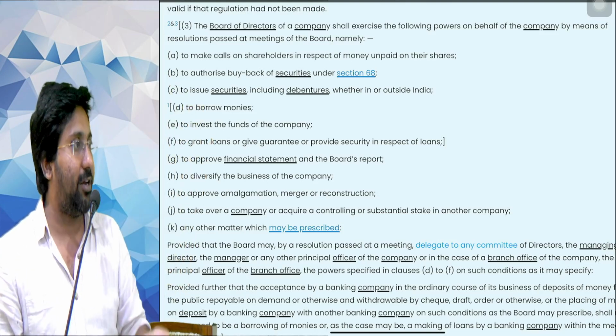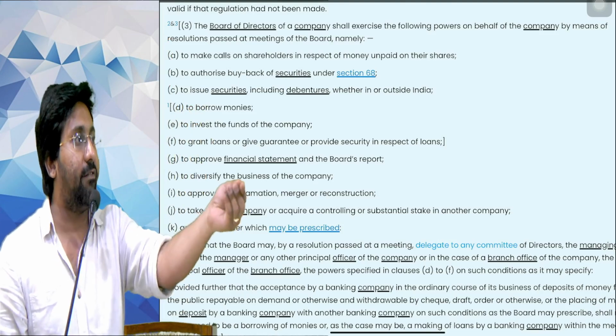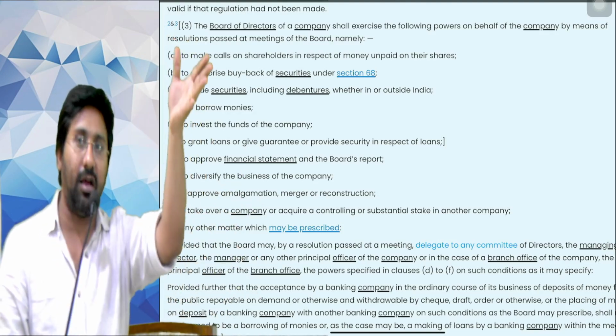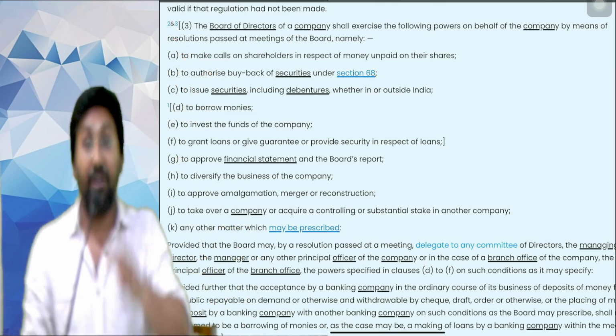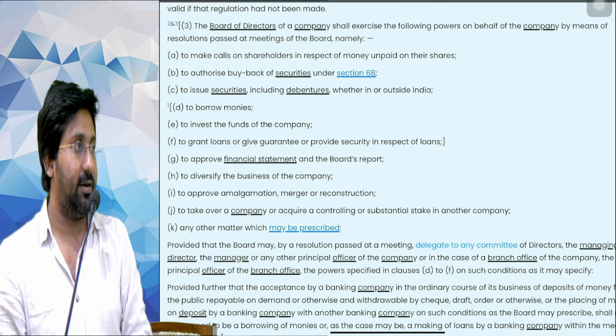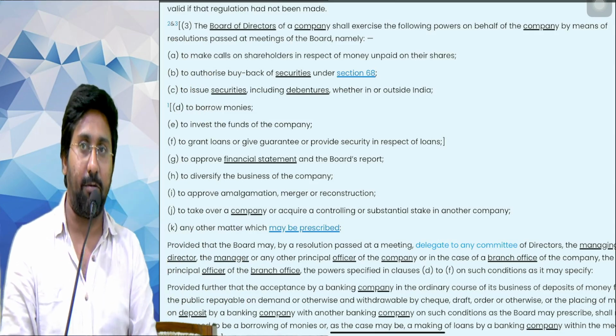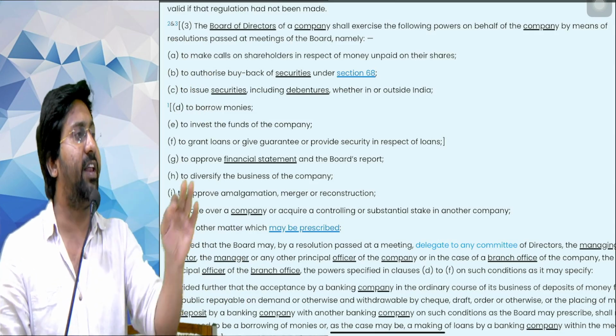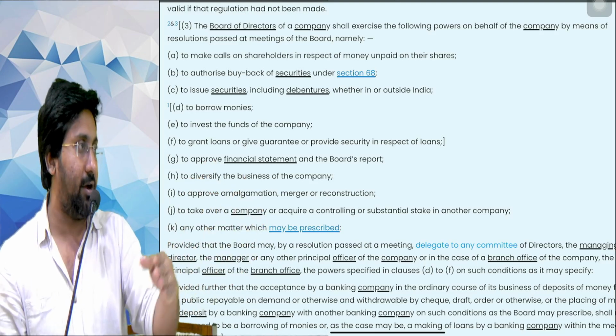So 500 of 40%, how many? 200, but they have given 210. So 210 lots were subscribed by us, and 15,89,000 was deducted from my bank account.